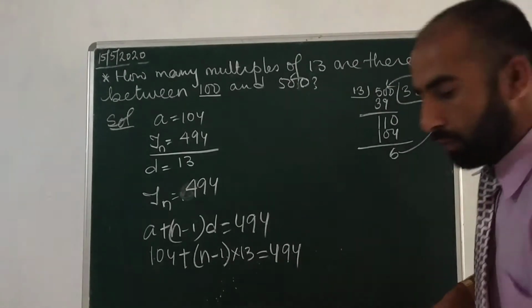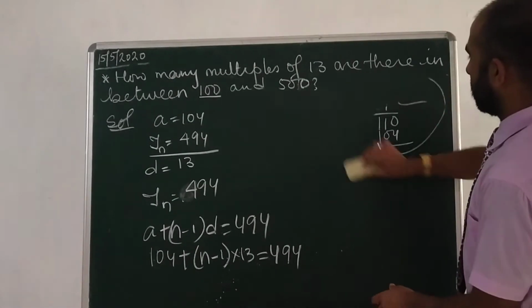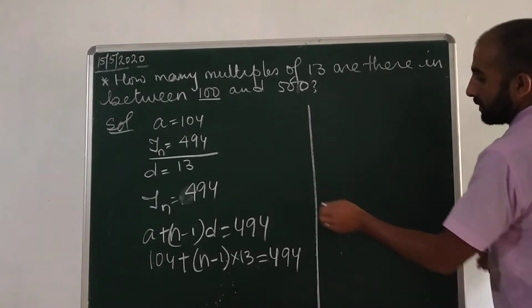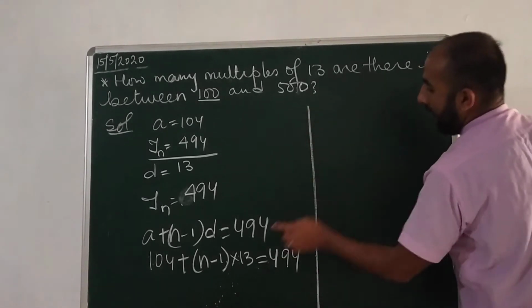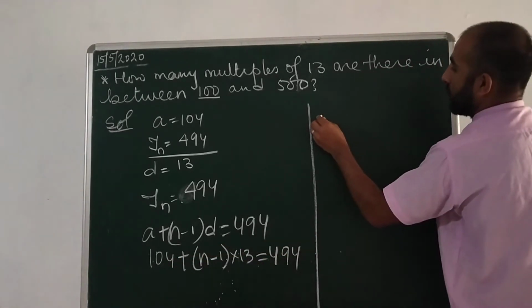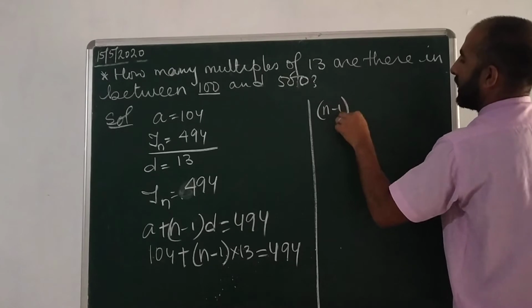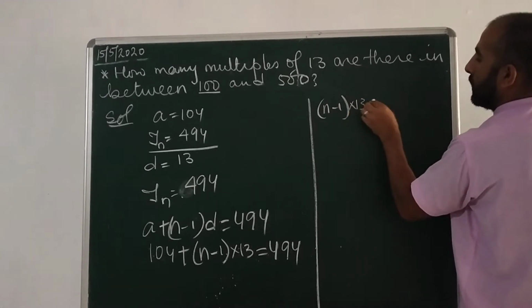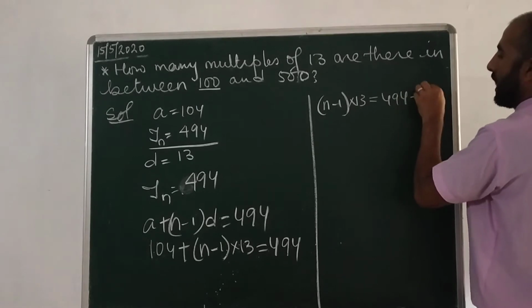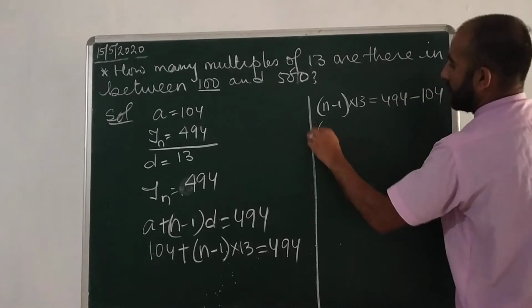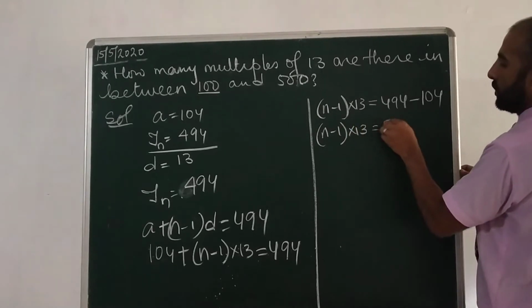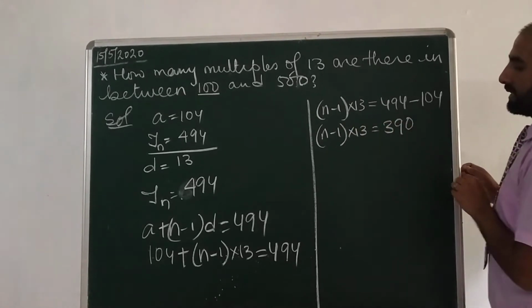Okay, let's move on to the next slide. I'll keep this as it is and bring this 104 to this side. So (n minus 1) into 13 will be equal to 494 minus 104. That means (n minus 1) into 13 equals 390.